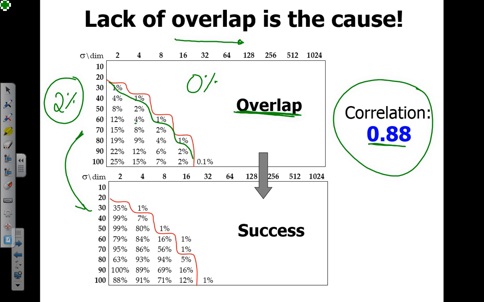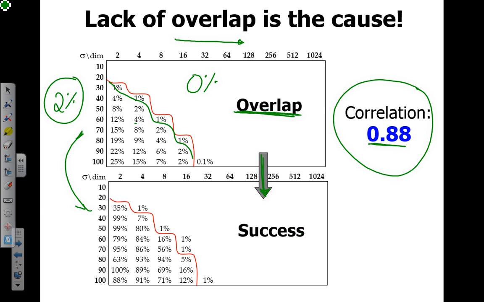There's a strong correlation between overlap and success. When there's a correlation, one of them must influence the other. But since overlap is a data-dependent property, it can't know anything about K-means. So the influence must be such that if there's an overlap, then K-means success increases.